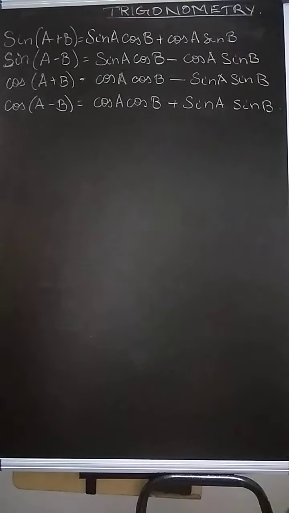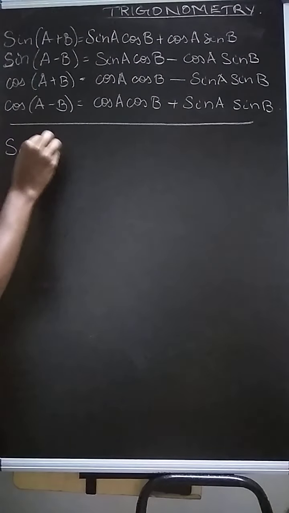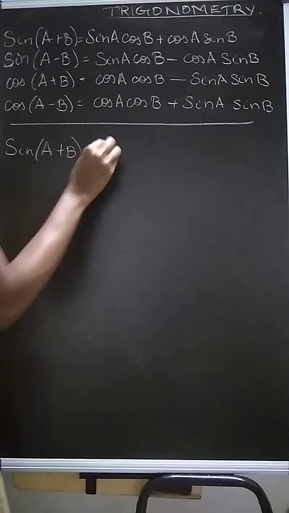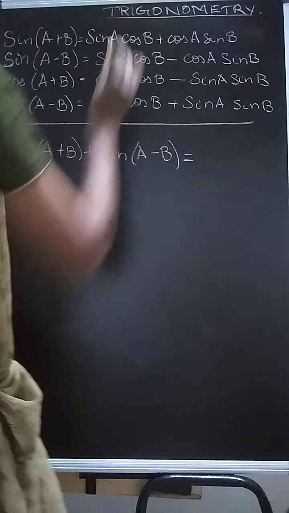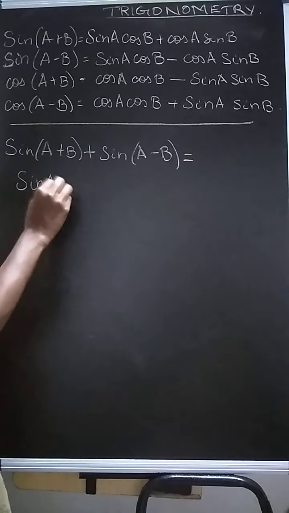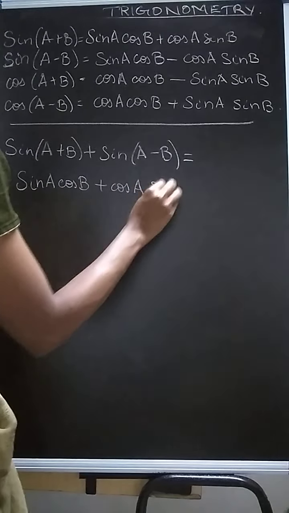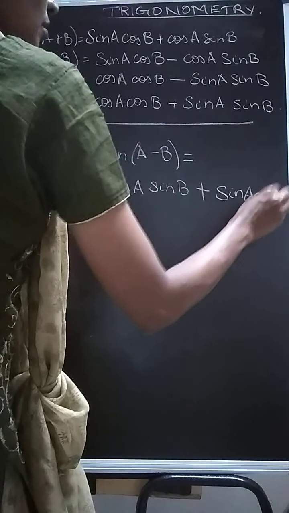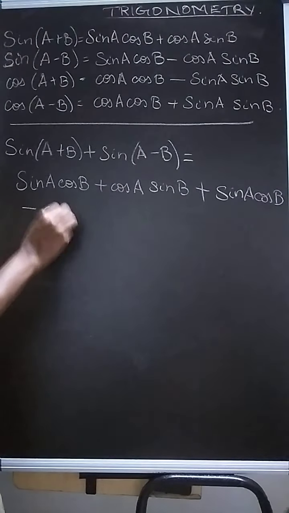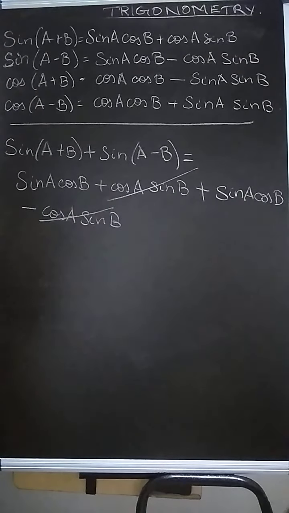Now see, we are going to add the first two formulas. sin(A+B) + sin(A-B) is equal to sin A cos B + cos A sin B + sin A cos B - cos A sin B. Now these two get cancelled.